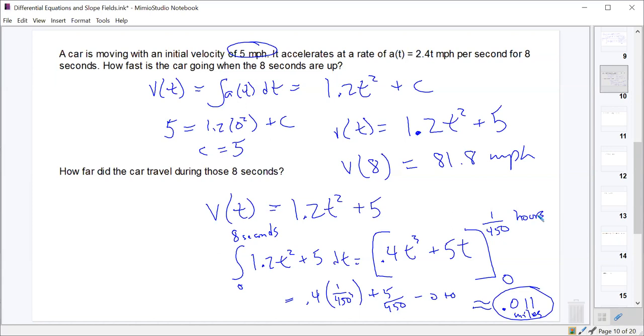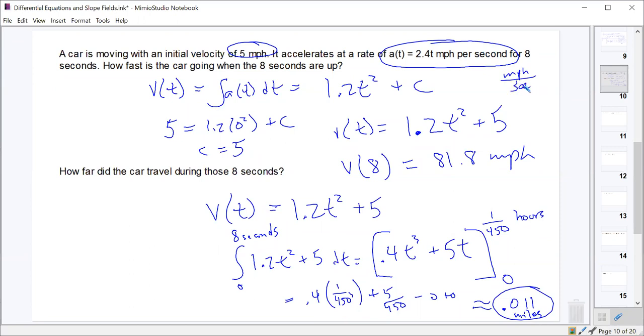I'm just wondering why we didn't have to change the 8 seconds to hours when we were doing the first part of the question. Yeah, good question. The reason we don't have to worry about that there is because the acceleration was in 2.42 miles per hour per second. So the base of that is miles per hour per second.